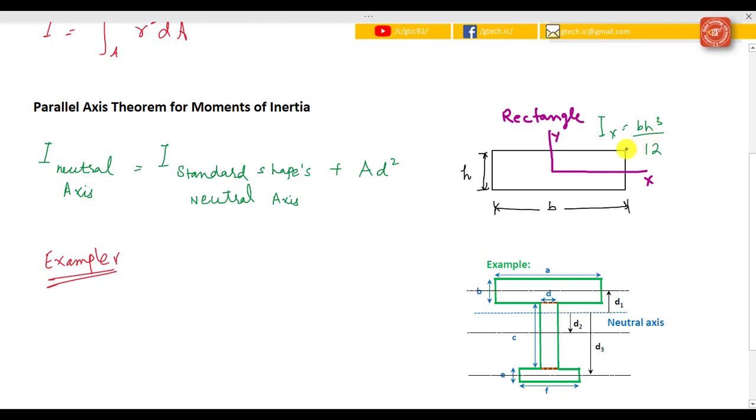So now let's use that standard shape for an example of a cross section. First of all, I'm going to divide this shape into three standard shapes. I will have a rectangle at the top, a rectangle here in the middle, and a rectangle at the bottom.